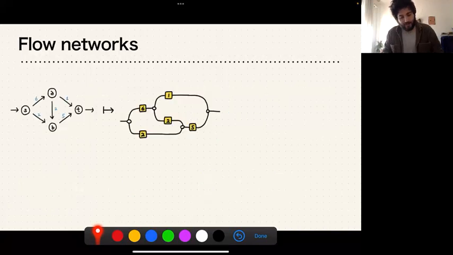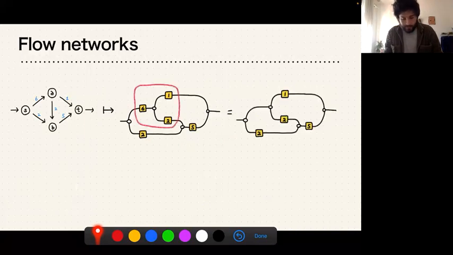Now let's go back to the example I showed you before. This network is represented by this diagram of Diagrammatic Polyhedral Algebra, and let's see how we can apply the laws I just showed you. In this part of the network, we can apply the redundant constraint elimination, since 2 plus 1 is less than or equal to 6, and so drop this constraint here.